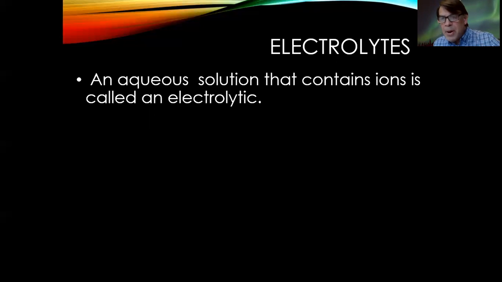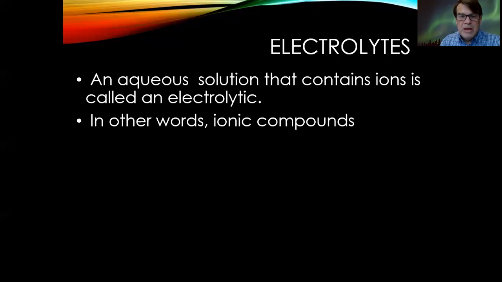So positive, negative ions. So an electrolyte is an ion that has been dissociated in solution or in water, okay? And that's an electrolytic kind of solution. Ionic compounds are therefore electrolytes when they dissolve in water, okay?